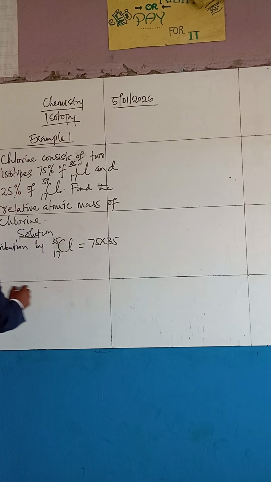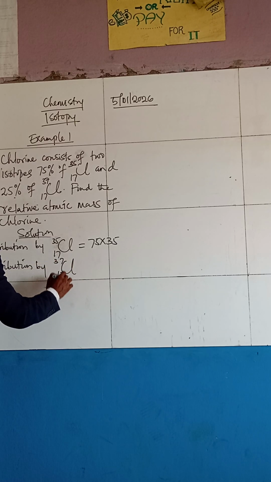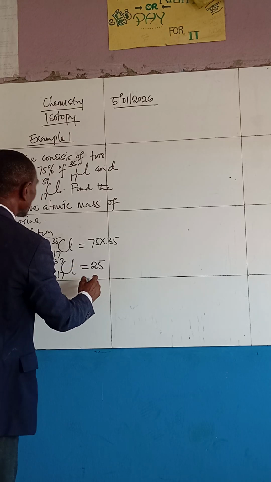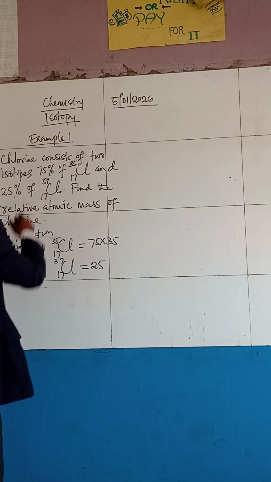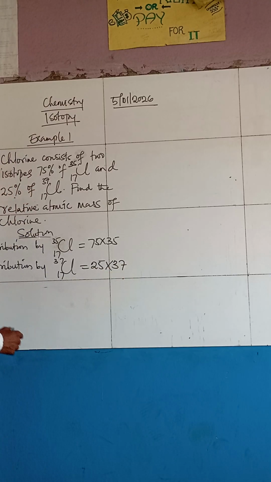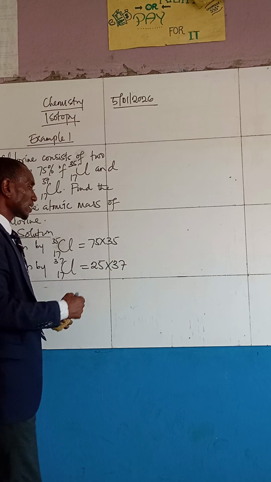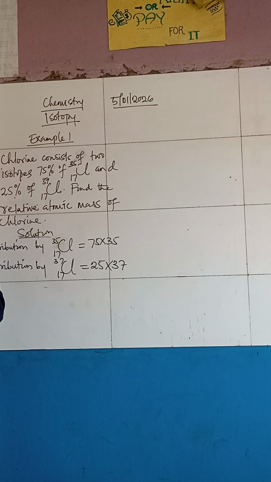Now the contribution made by the next isotope, chlorine-37, is 25 times 37, because 25 is its relative abundance. Please use your calculator and check what 75 times 35 is.